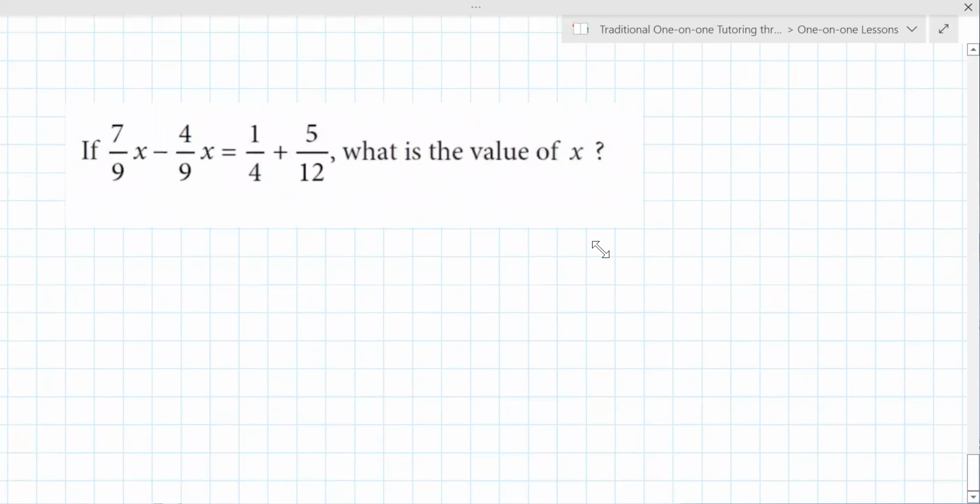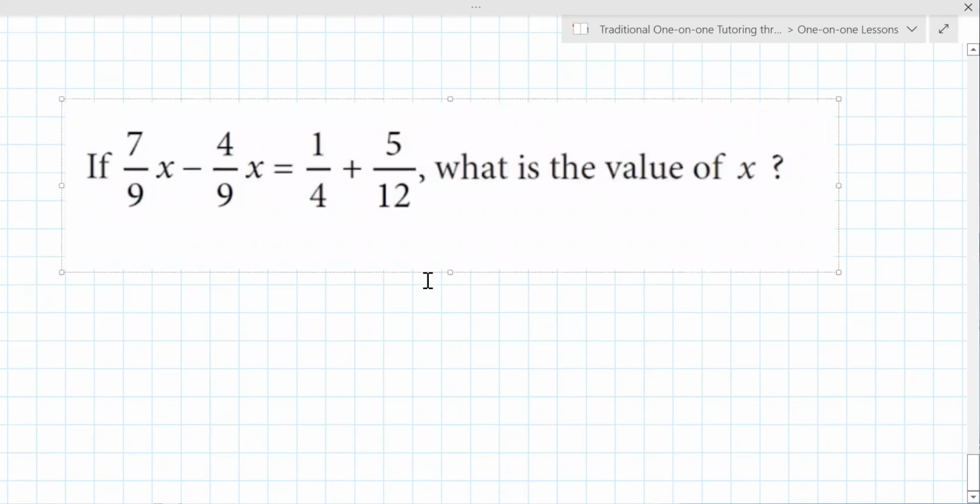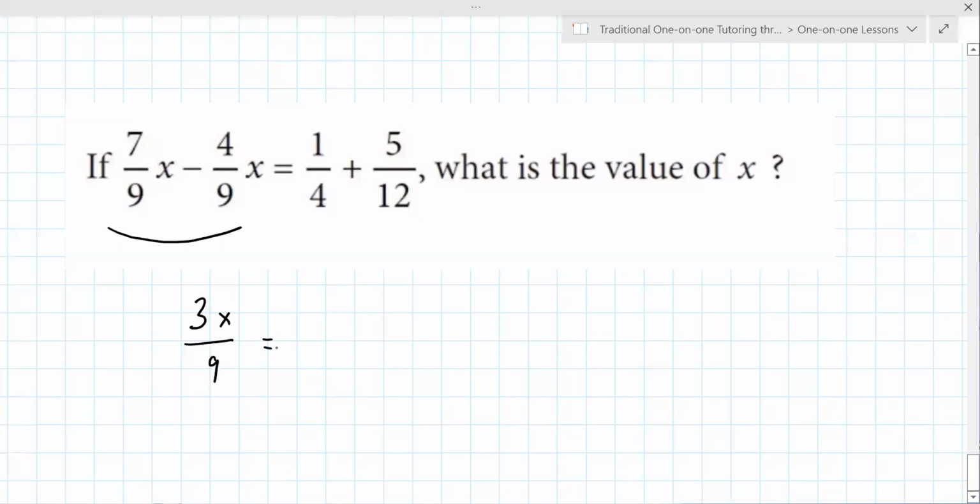This one looks kind of different than the ones that we've been doing, but a couple things here. Whenever they have the same denominator, what can you immediately do to the numerators? Add. Or subtract in this case. So it's 7 minus 4. So 3x over 9 equals 1/4 plus 5 over 12.